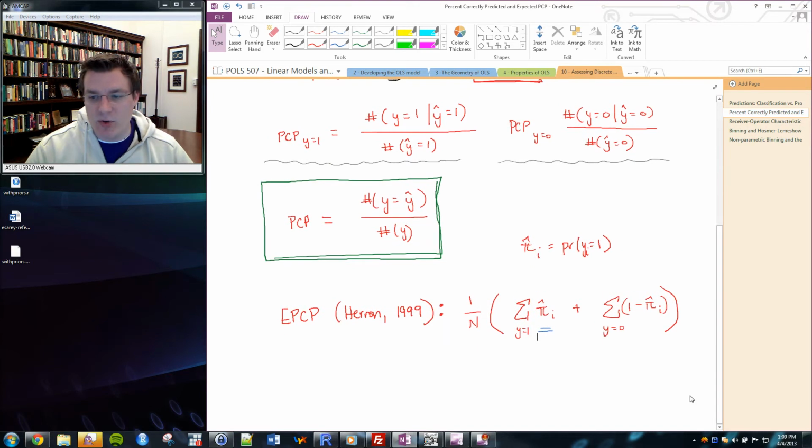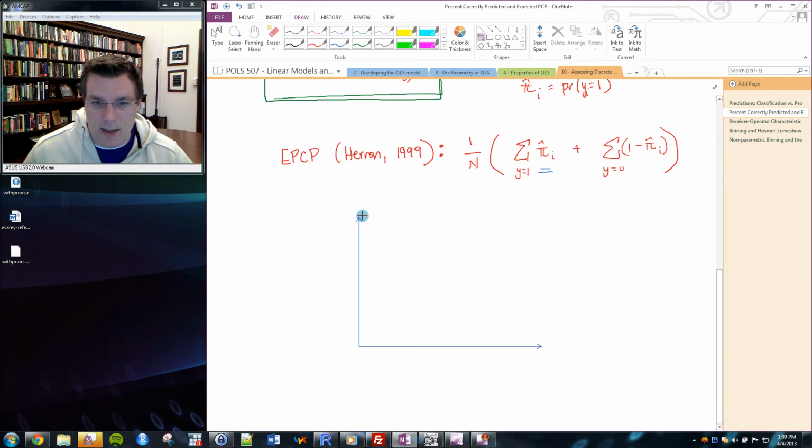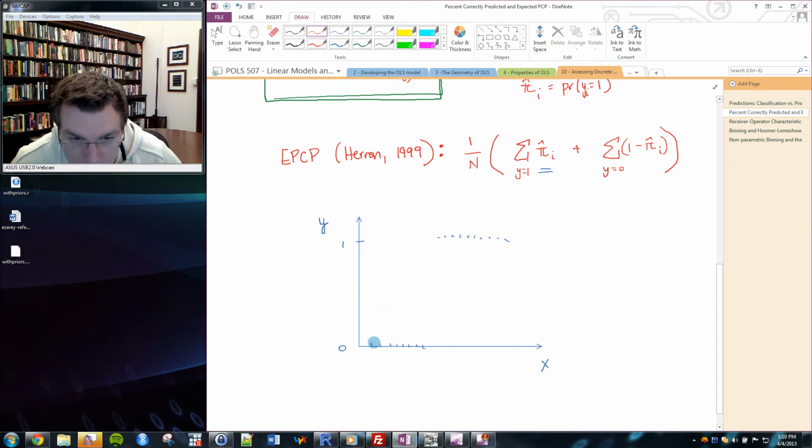And effectively what you're trying to do in these cases, if you can imagine, let me start with this. So if you can imagine an axis where this is y, of course it takes on two values, 1 and 0, and this is x, what you're trying to do is come up with a set of variables such that you can perfectly separate them, and the fitted logit will try to, not the best drawing in the world, do something like that.